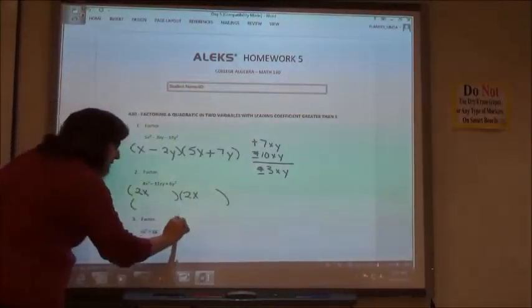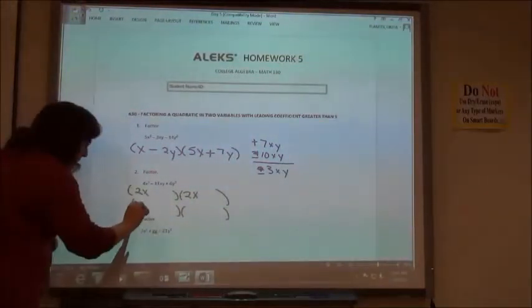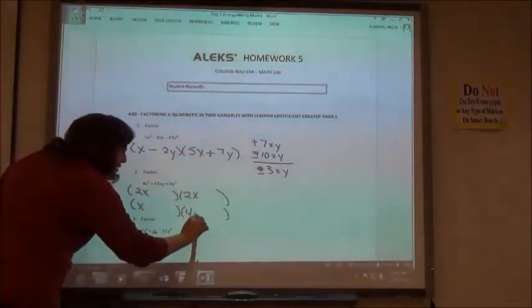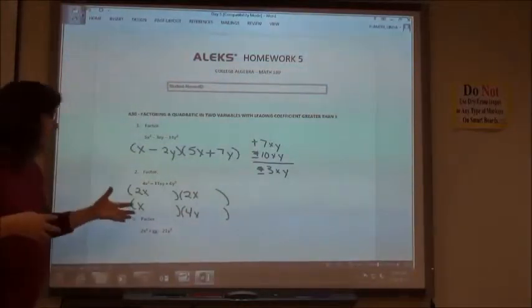The other way of getting 4x squared is 1x times 4x, right? So it's just like that one before where we had the 6. We've got 2 different ways it might start, and we don't know which way it is. So I like to write them both down just to remind myself. We don't know which one it is.